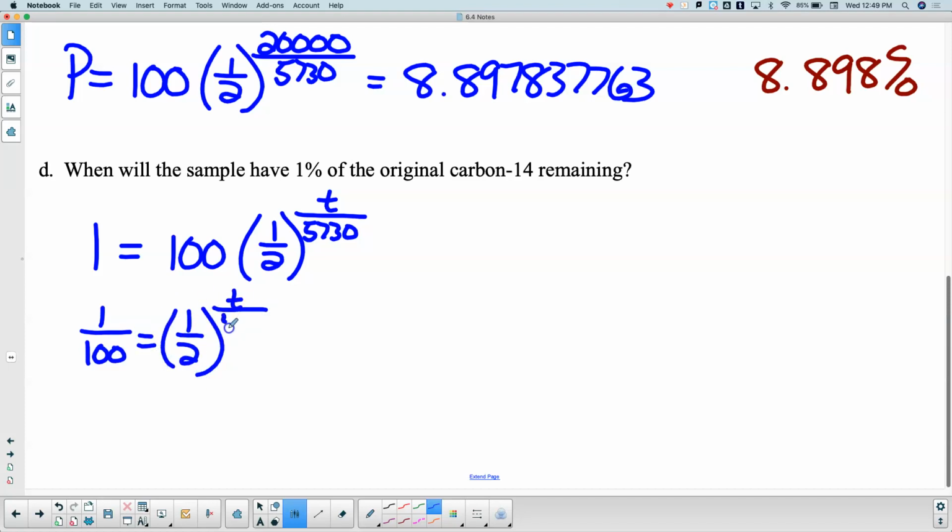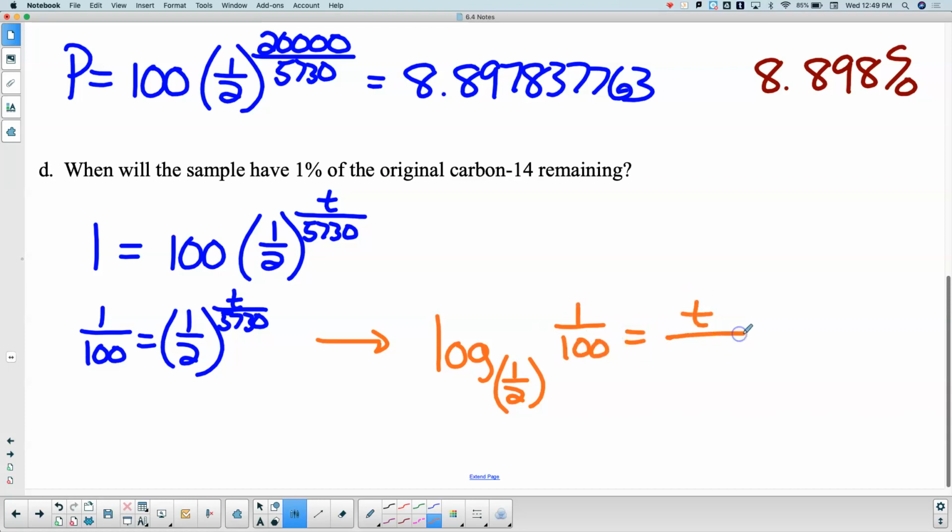Then, log base 1/2 of 1/100 equals T divided by 5,730.